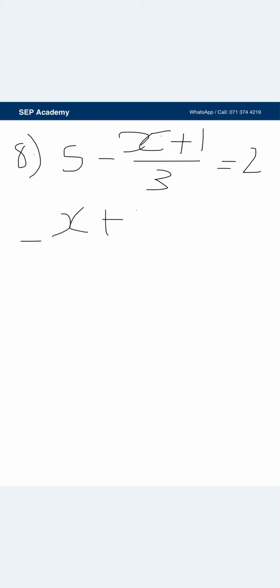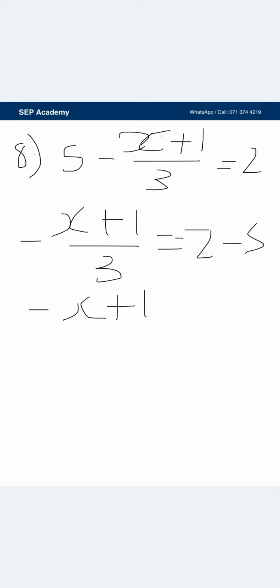So here I'll just remain with that, which should be equal to 2 minus 5. Then I'm definitely having my negative x plus 1 over 3, which is going to be equal to negative 3. Already you have negative on the left and on the right, they can just straight away cancel.